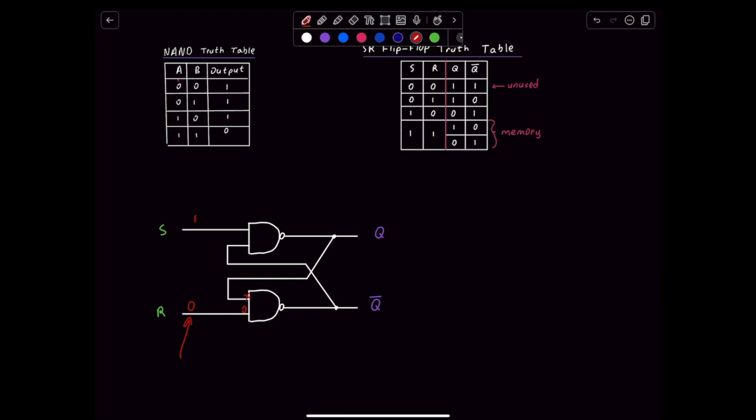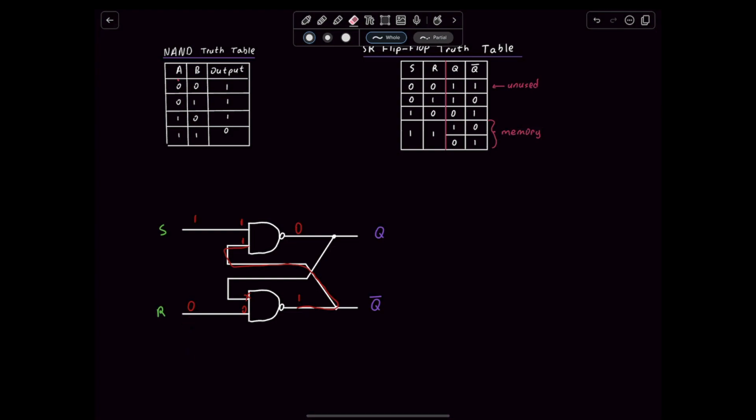This is always going to output 1. Now that is useful, right? Because when we trace this all the way back to here, we know that this gate is getting 1 here, and we also know this is getting 1. So this is 0. The output of the first NAND gate, which is going to be Q, is now 0.